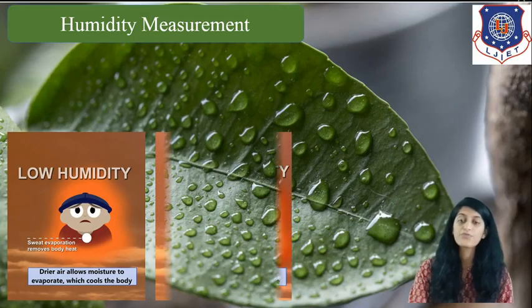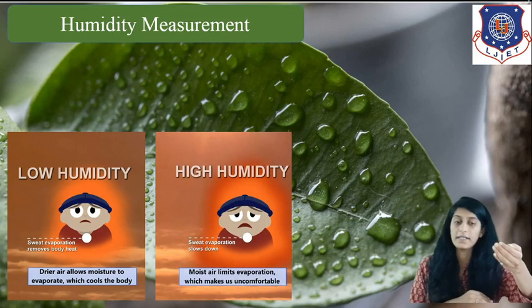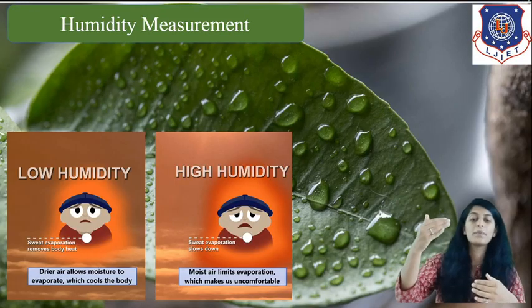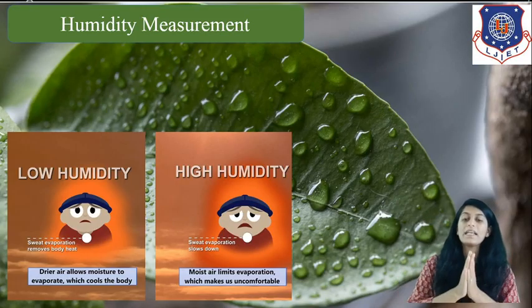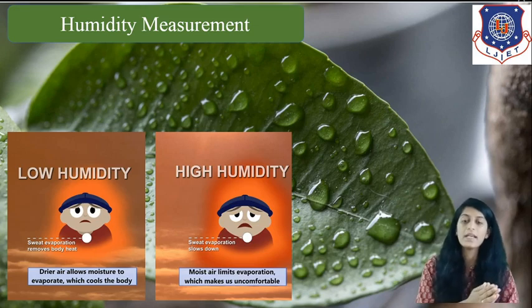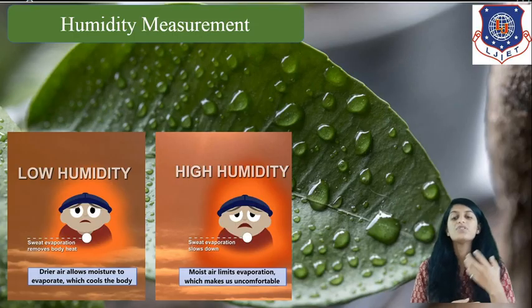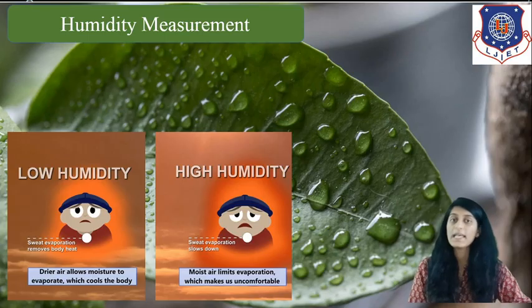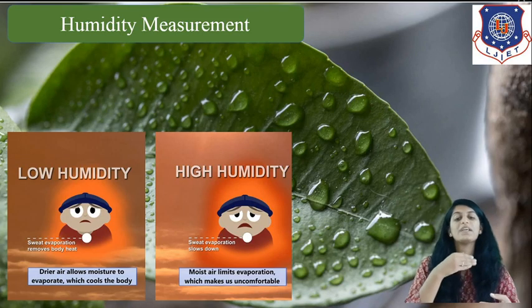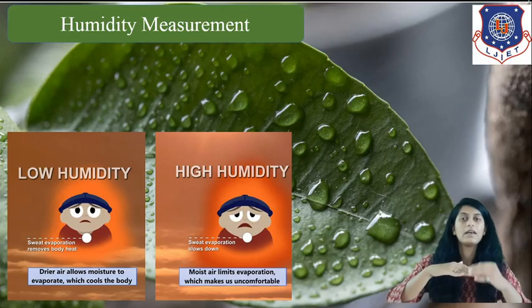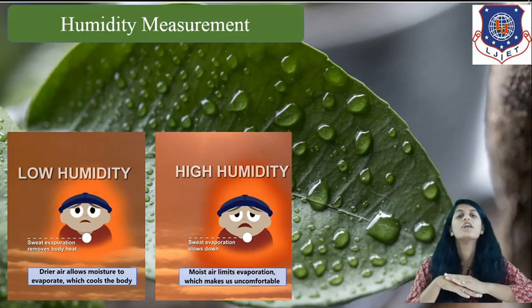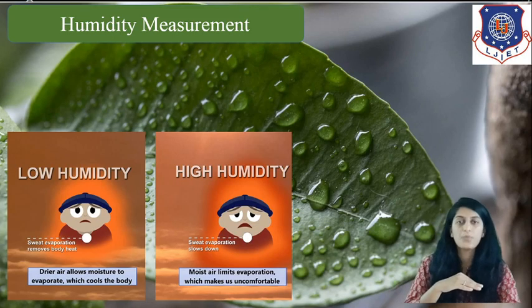If there is high humidity, then what happens? In case of high humidity, the air will contain a huge amount of moisture. If there is already a huge amount of moisture in the air, then the body moisture will not evaporate into the atmosphere.